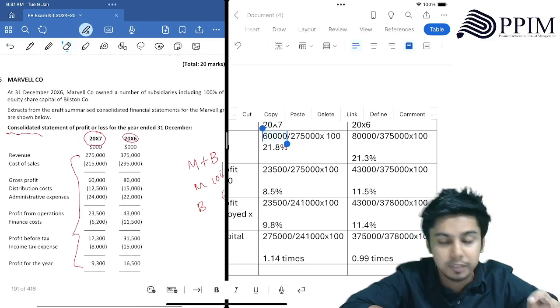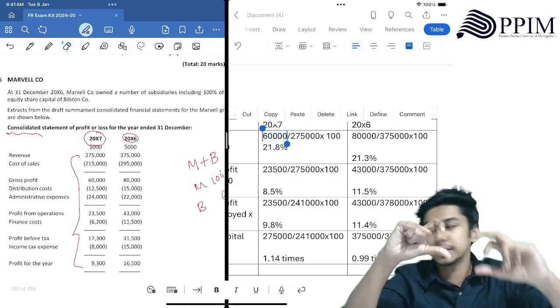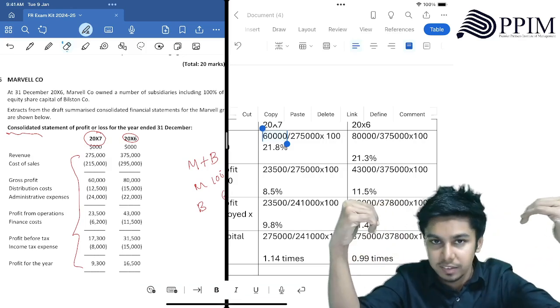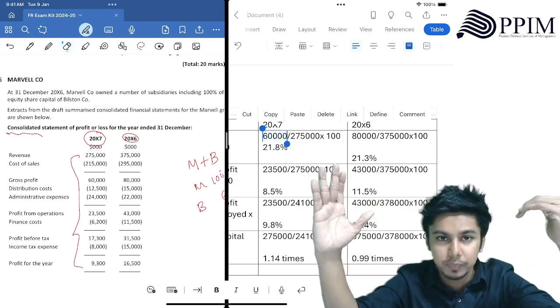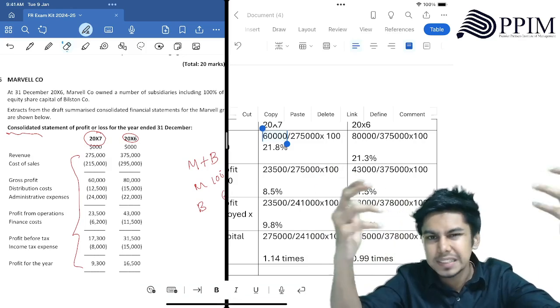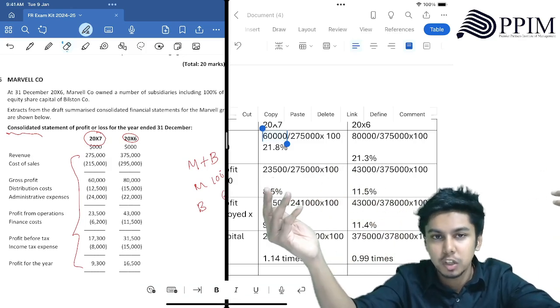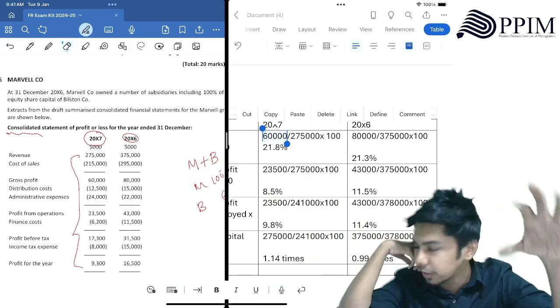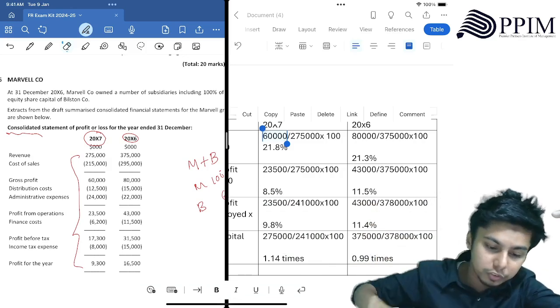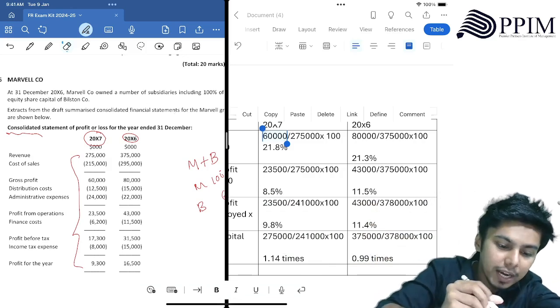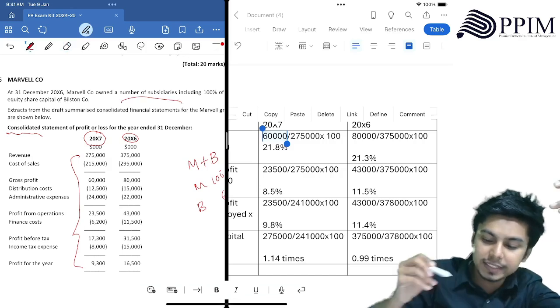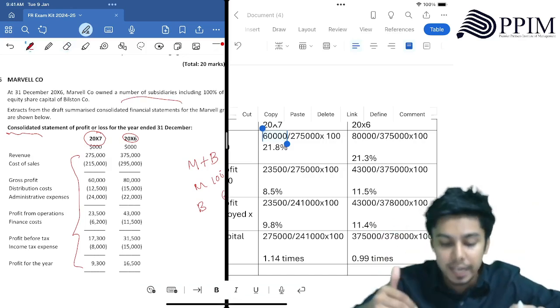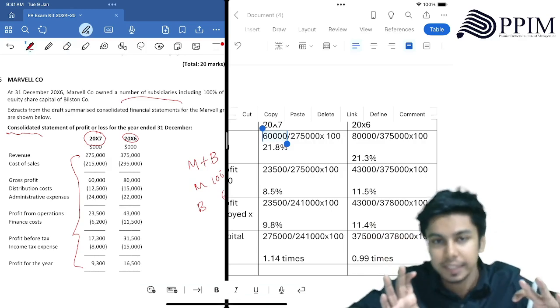But here, the company is having trading difficulties and we sold. So it seems like Bilston was not contributing much towards the gross profit. Even without it, we are doing better. So even without Bilston, our company Marvel and our other subsidiaries are performing well. So that's the reason why our gross profit ratio has gone up. You can tell it that way.